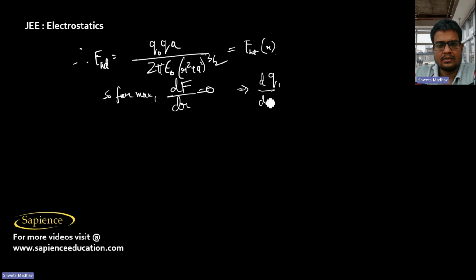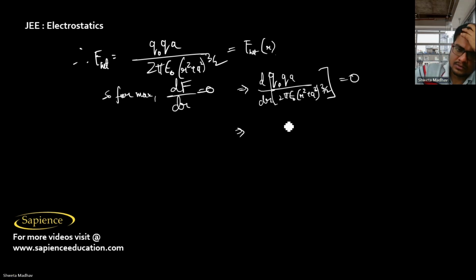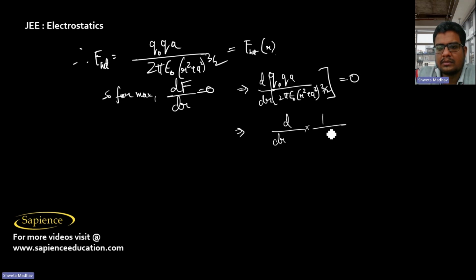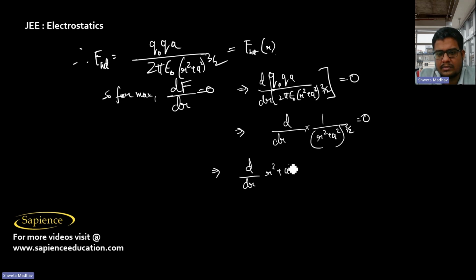d by dr of q0 q a by 2 pi epsilon naught into r square plus a square whole power 3 by 2 is equal to 0. So therefore, this will be d by dr of 1 by r square plus a square whole power 3 by 2 equal to 0. So this will be d by dr of r square plus a square whole power minus 3 by 2 equal to 0.